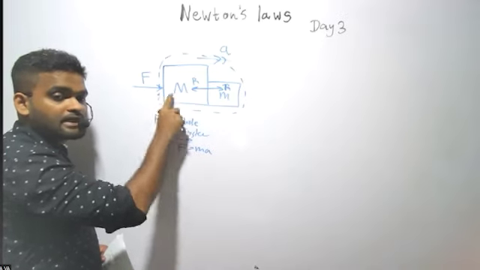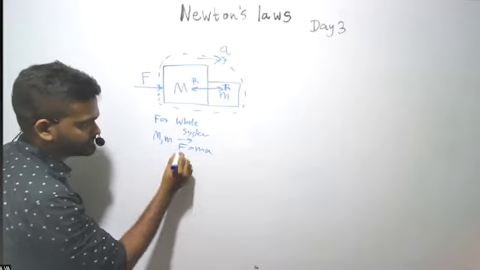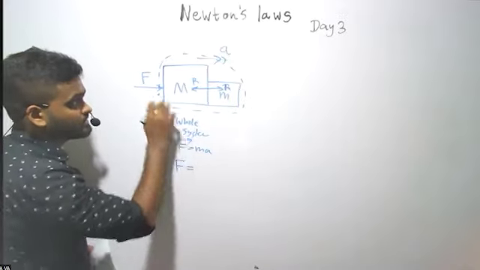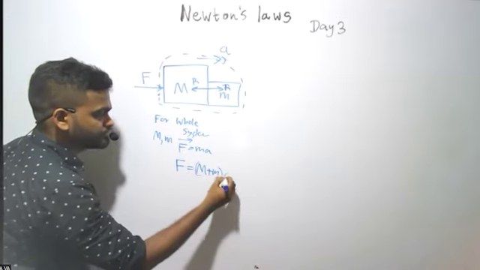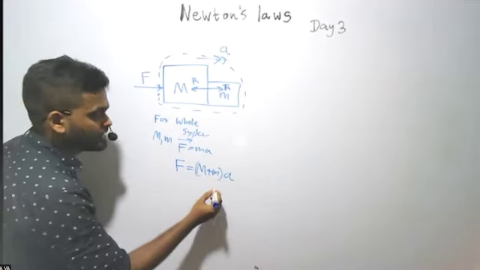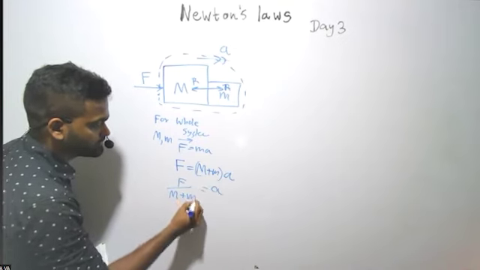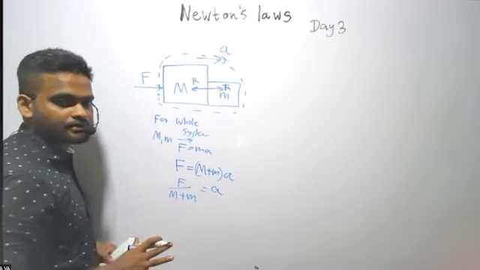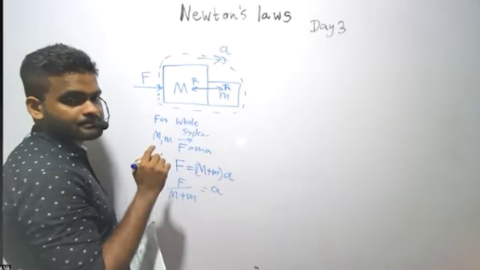That is the only external force. Then I substitute that here. What's the mass of the system? Capital M plus small m. Acceleration. So we found the acceleration first. That is not what they ask. What they ask is capital R.